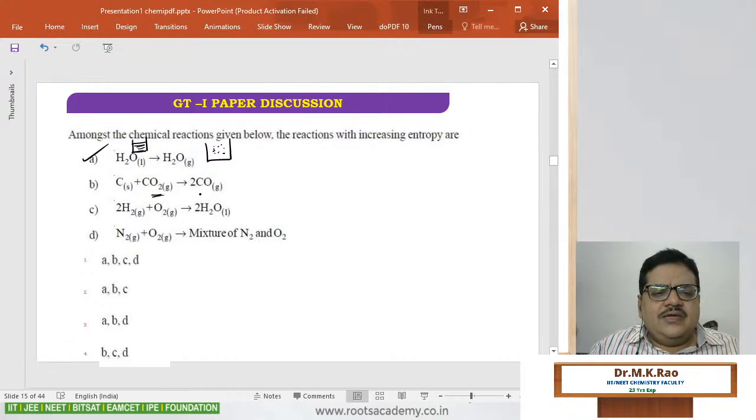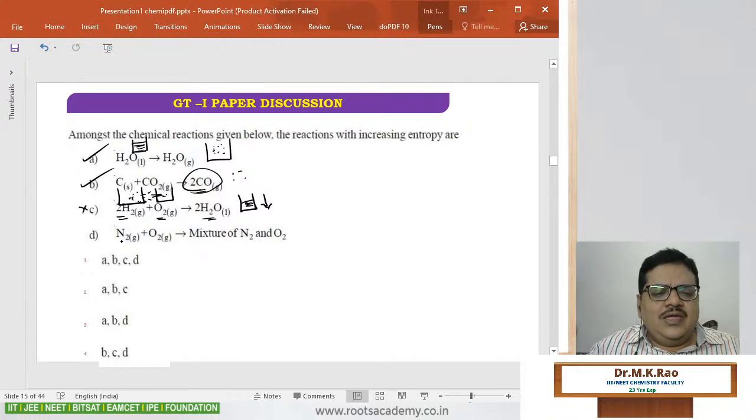Carbon dioxide becoming carbon monoxide, 2 particles, increasing. Entropy increasing. Here 2 mole of H2 and 1 mole of O2 becoming 2 mole of liquid. These are all gases, right? Now it is a liquid. So entropy decreased.